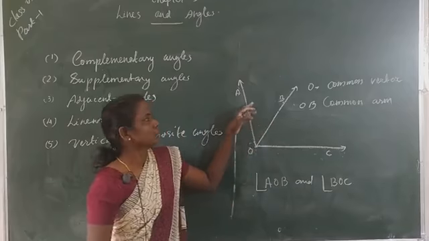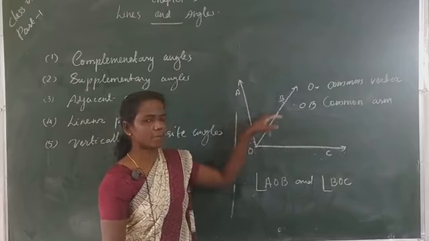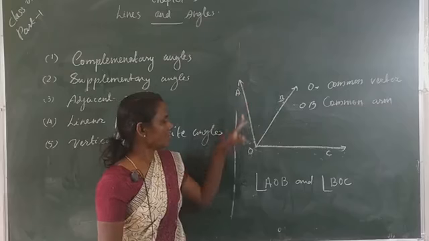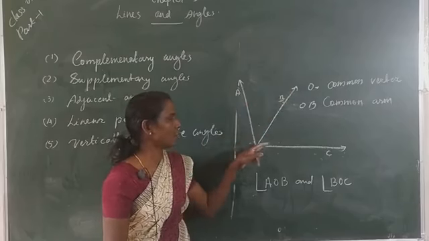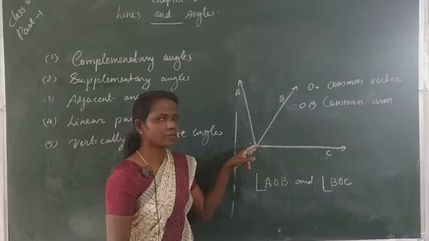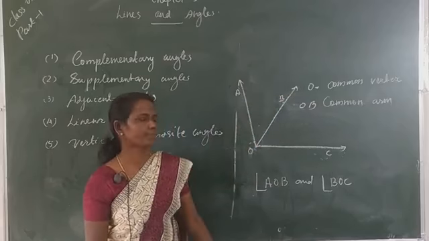If two angles have a common vertex and a common arm, this OB is the common arm of AOB and BOC. Understand?